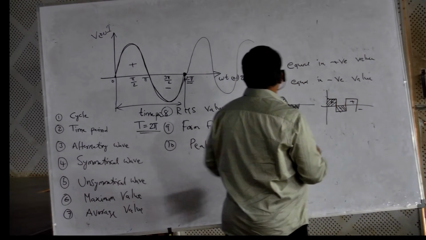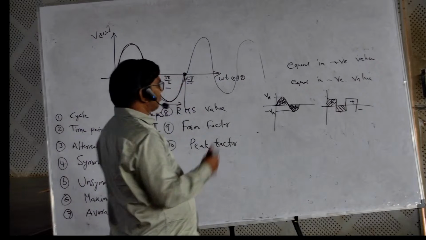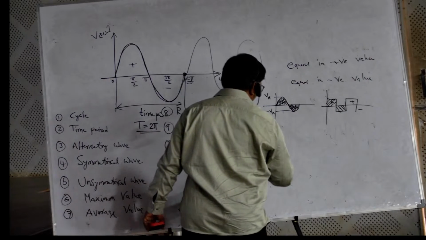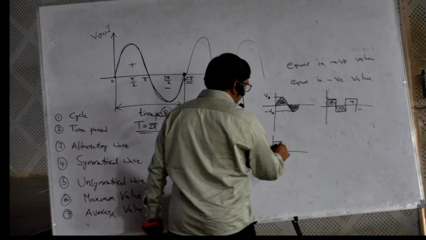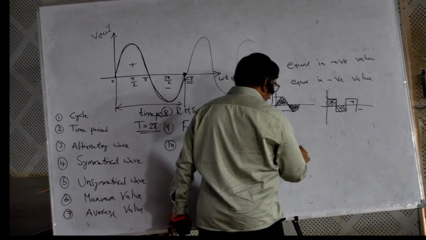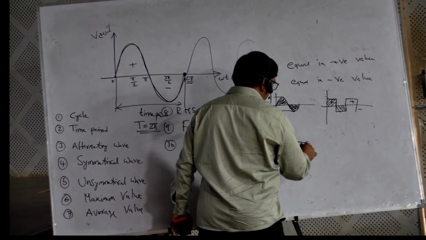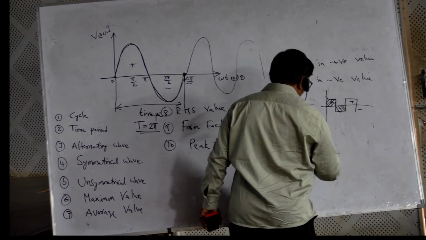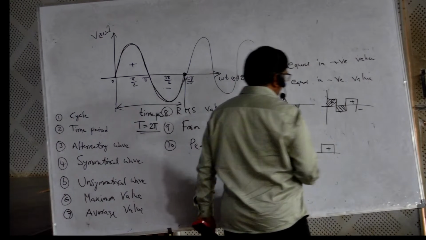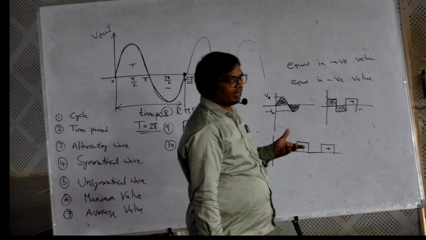Next one is the asymmetrical wave. Asymmetrical wave means positive value, negative value we are not having. Again positive value, negative value we are not having. What is the meaning of symmetrical?